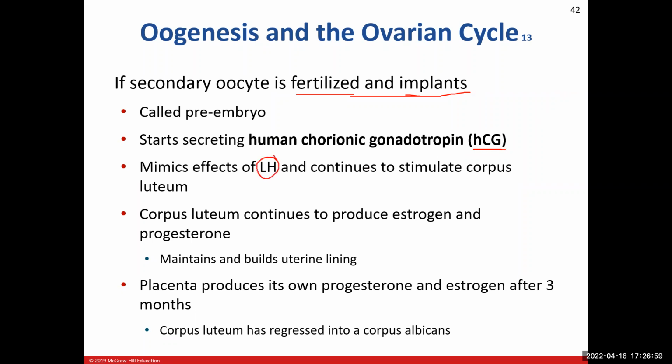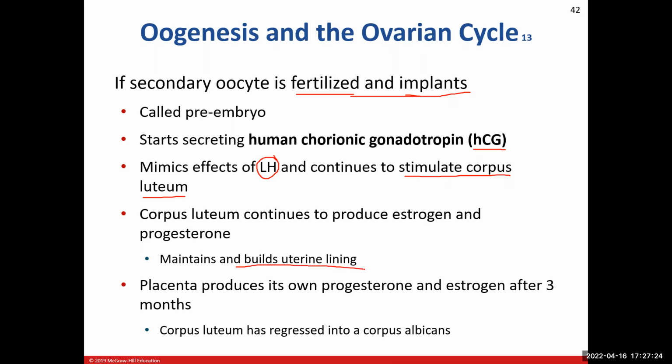hormone. And so it is going to continue to encourage and stimulate the corpus luteum into releasing those three hormones that I just mentioned, estrogen, progesterone, and then of course inhibin. And so this, again, we already know, all right, estrogen and progesterone are going to help to build and maintain the uterine lining.